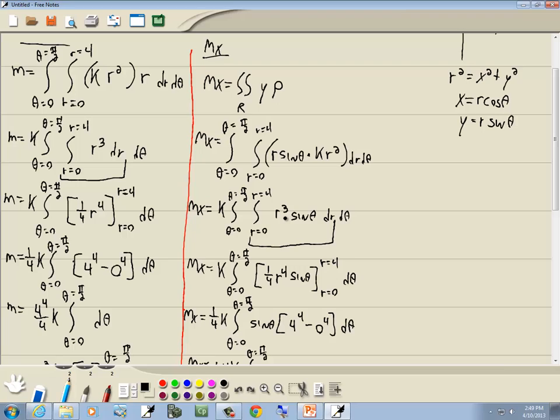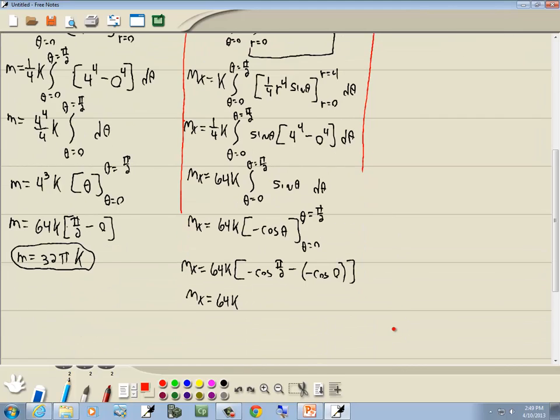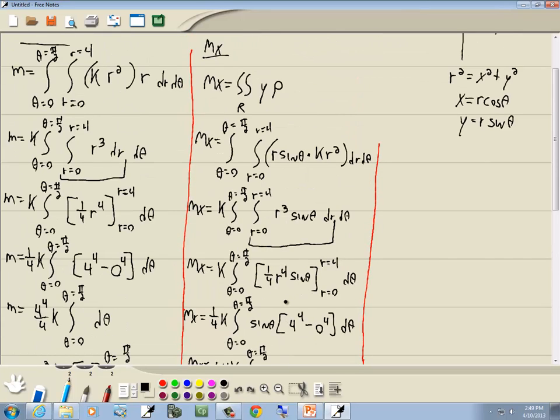Okay, and now let's find our moment with respect to y. Okay, so moment with respect to y. And again, remember, that's going to be our region of integration.